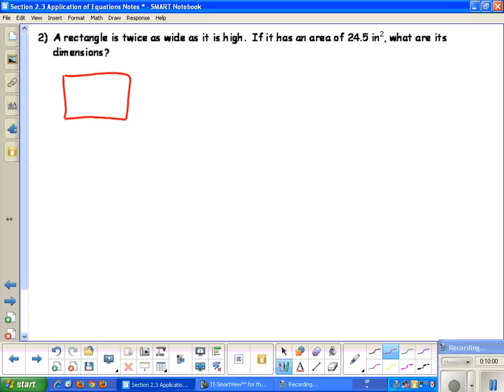So let's say that h is equal to the height, and it's twice as wide as it is high. So then I'm going to say W equals width. The width is equal to 2 times the height. Of course you can use x and y if you prefer, so I have h and 2h.